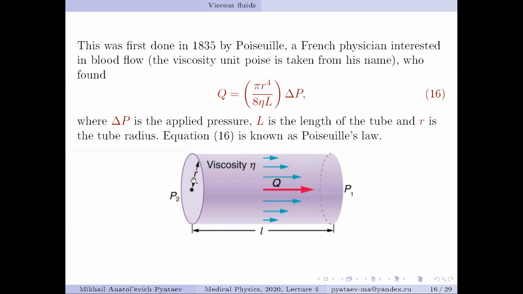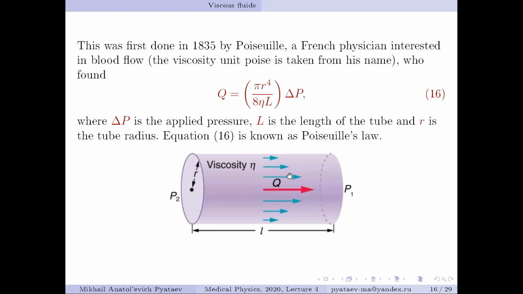And increasing speed gives us two more powers of R. So we have R to power 2 due to cross-section, and R to power 2 due to the increase in speed with increase of tube diameter. So we can see that for viscous fluid, flow rate is proportional to the fourth degree of radius.